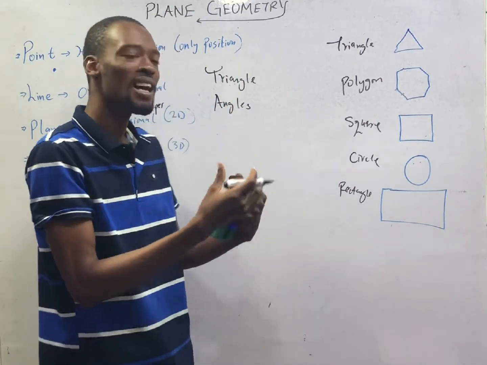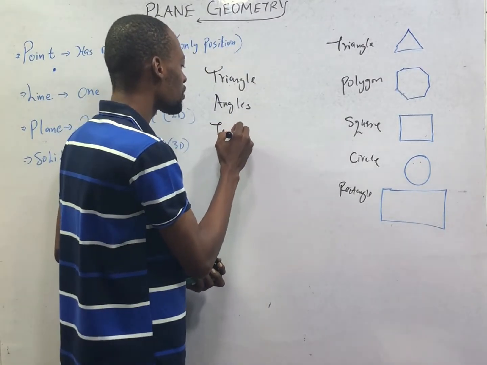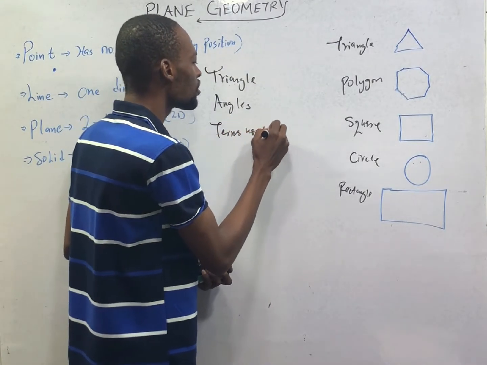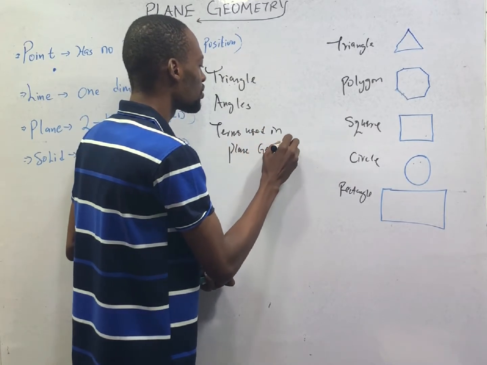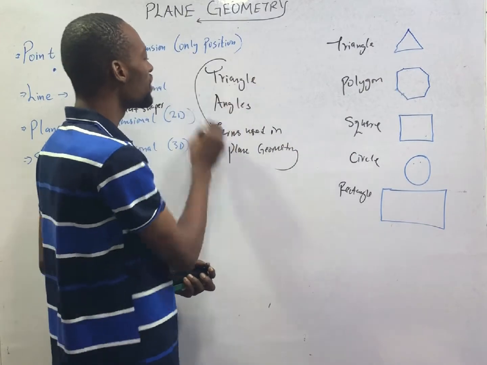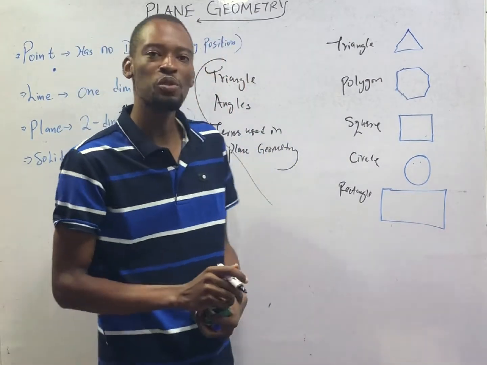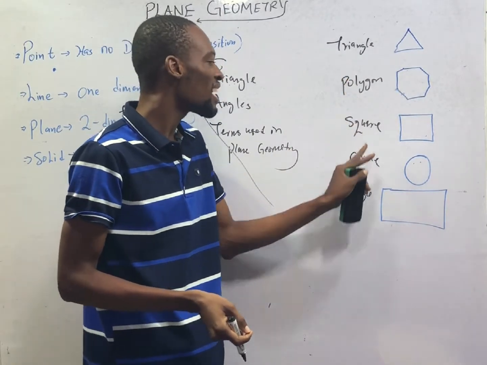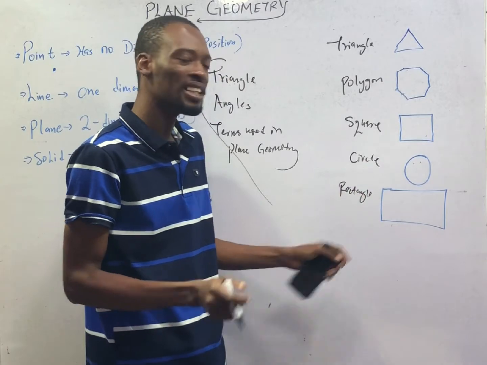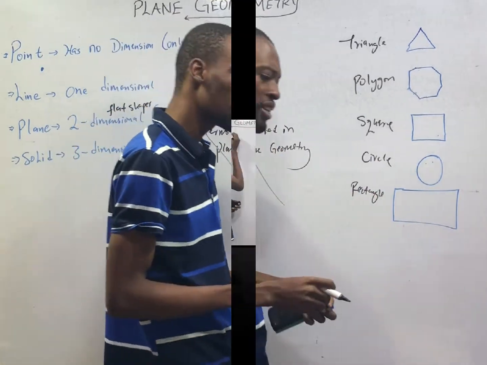What are the types of angles that we have? Then we will cover terms used in plane geometry. So with all this, we call it a day. But trust me, other videos will come to cover polygons, square, circle, and rectangle in details. Now let us begin.